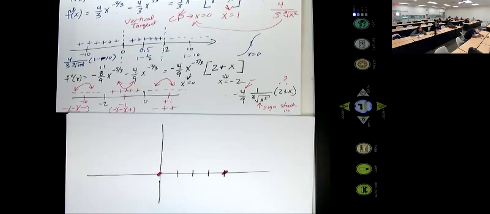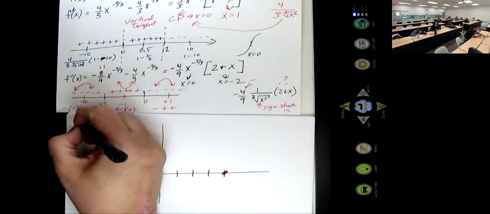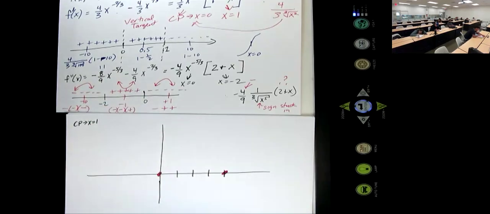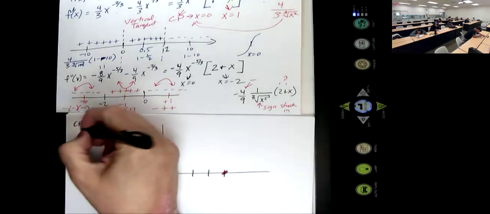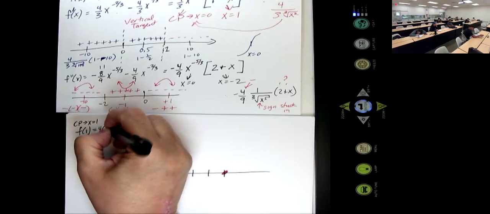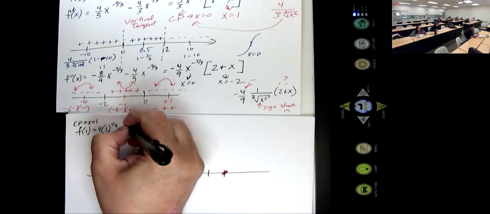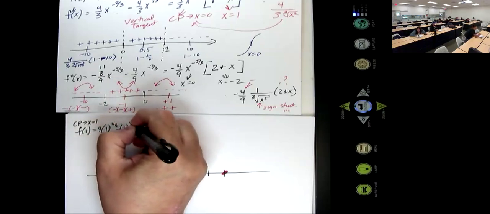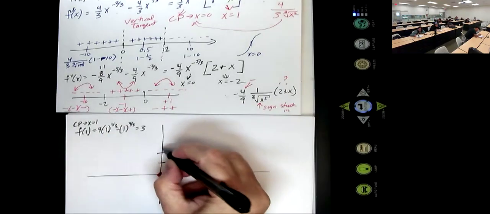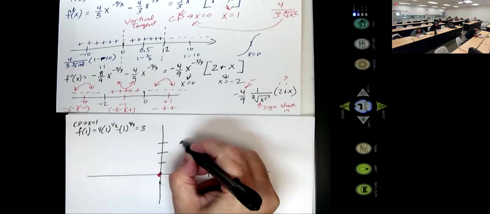We have a critical point at x equals 1, which means the slope changes, which means we've got a max or a min there. It just might help to plug in f of 1 and find out what we got. So at 1, we have y equals 3.